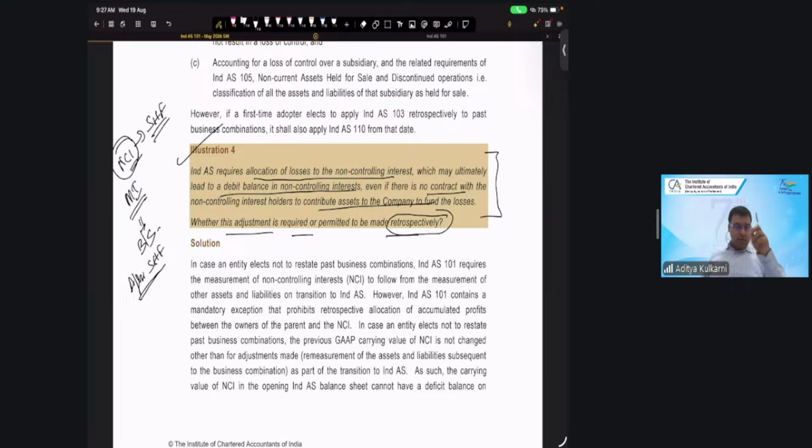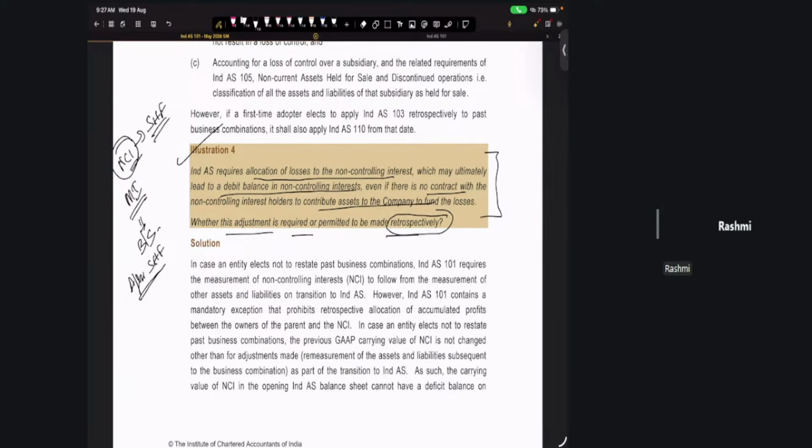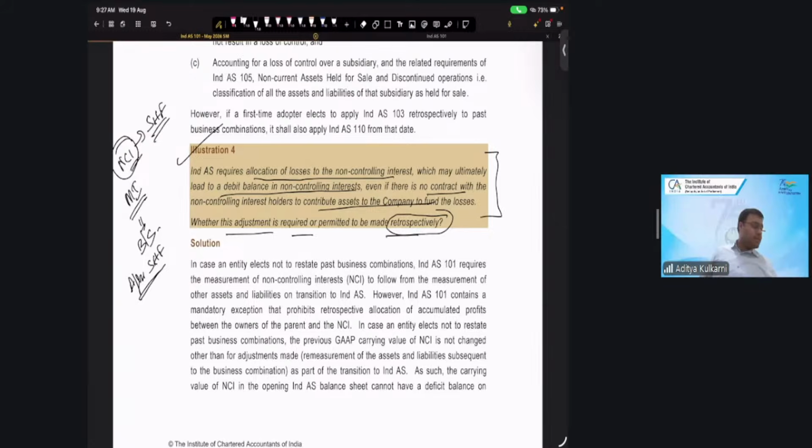If you want to restate the previous business combinations, then NCI also will have to be restated from the prior period. If you are opting not to restate previous business combinations, then NCI for the prior periods also will not be restated. Is it okay? Yes, sir. Did you understand? All right.